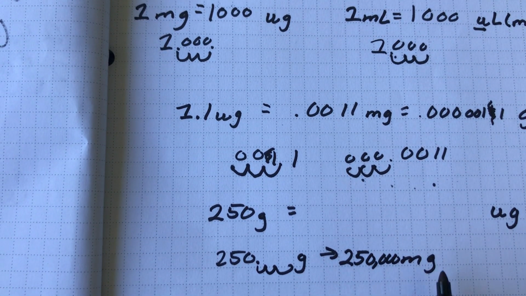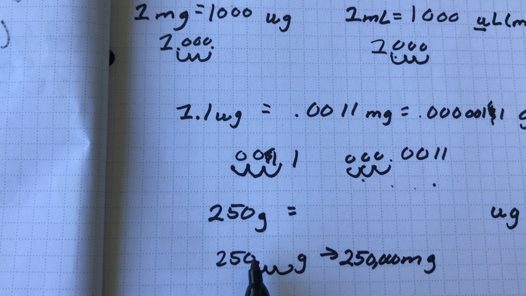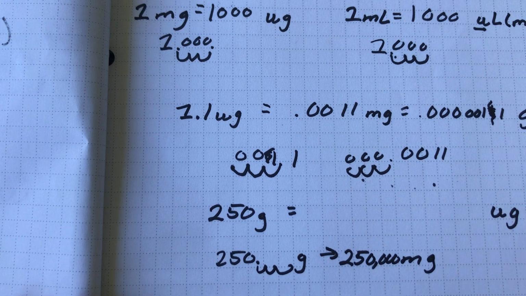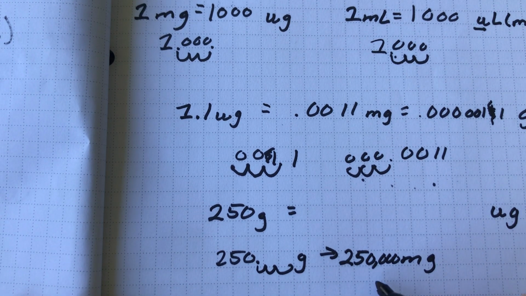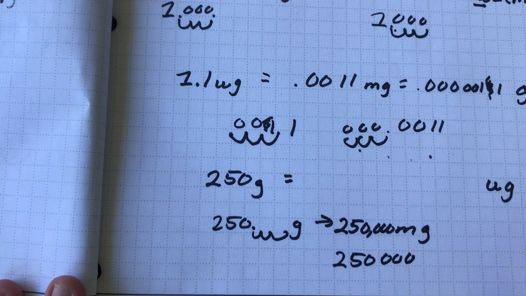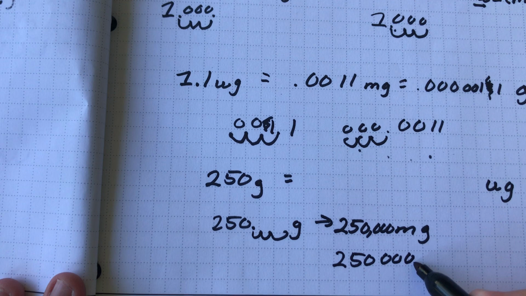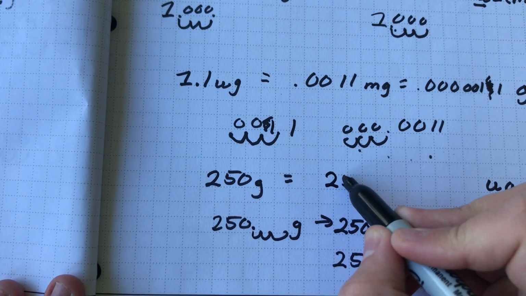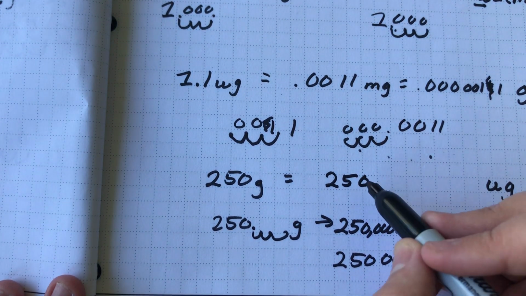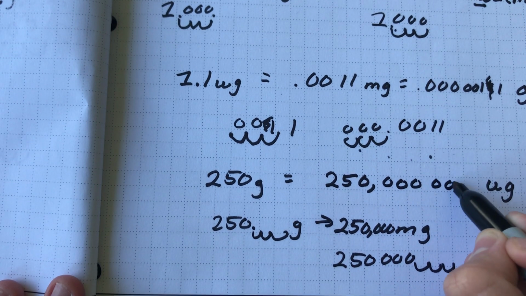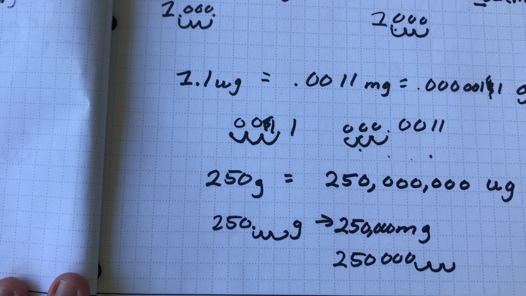That's how many milligrams are inside of this gram. And now we're going to go from this to micrograms. So we're going to add, once again, zeros, 1, 2, 3, and go, once again, 3 over. There you go. So your answer is going to be 250 million micrograms.